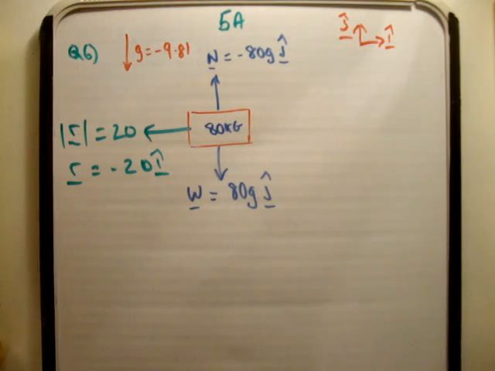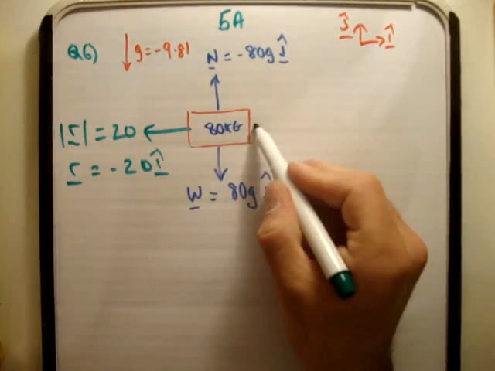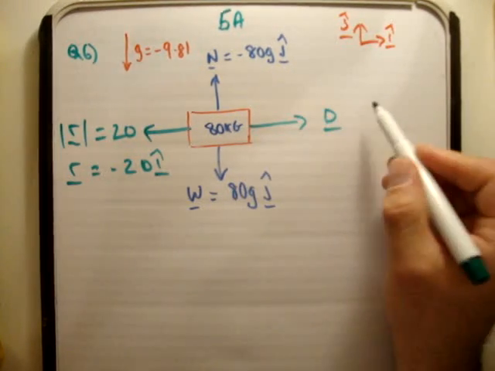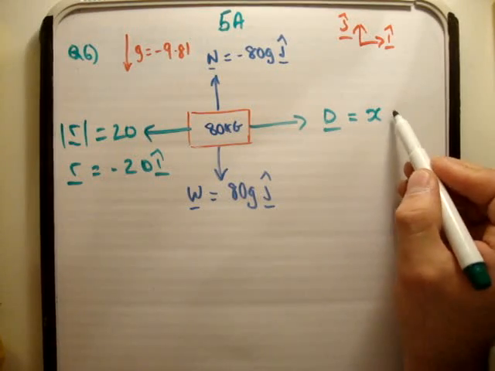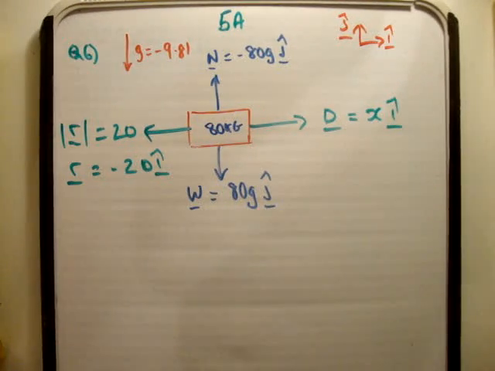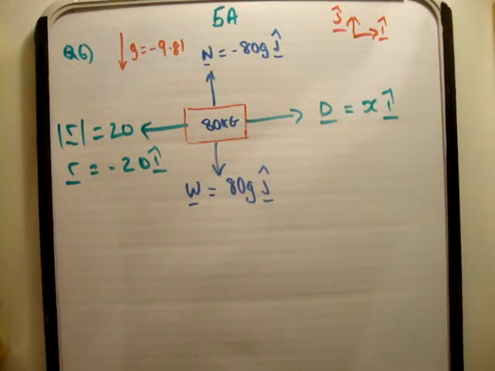Now what else do we need to find? I have to find the driving force applied by the driver. The driving force, of course, is going to have the driver move to the right. So I'm just going to call it the driving force, equal to x i hat, like so. So let's just apply Newton's second law, that the sum of the forces is equal to the mass times the acceleration.